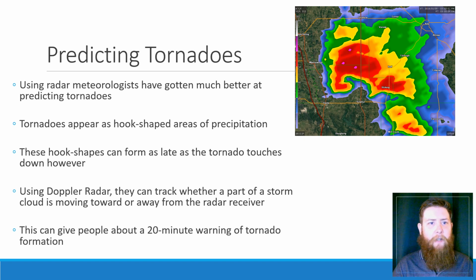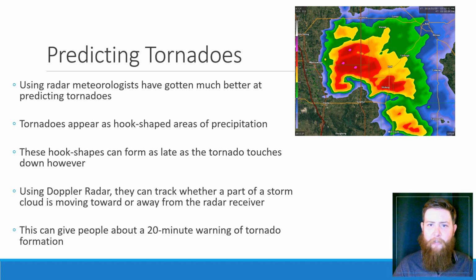So, predicting tornadoes. We can use radar to get a kind of clue as to when a tornado is going to happen. When we have thunderstorms and we see this hook shape right here, usually that means that we're going to get a tornado.